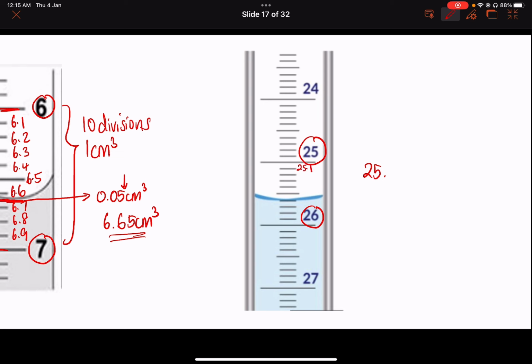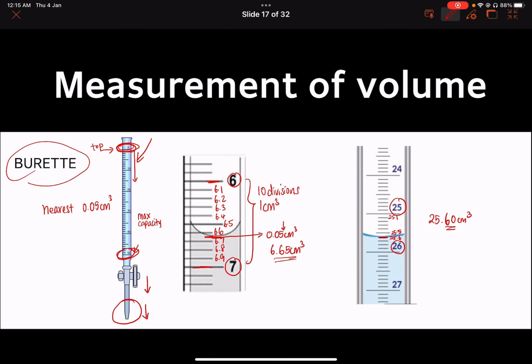Then if I continue, I would know this is 25.5. The bottom of the meniscus is touching 25.6. But we cannot write our answer to 1 decimal point. Burette readings should show that it is accurate up to the nearest 0.05 cm cube. So 25.60 is our answer here. That is how we read burette readings.